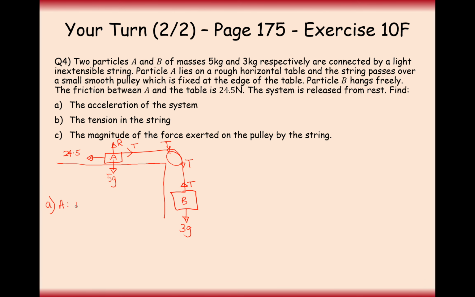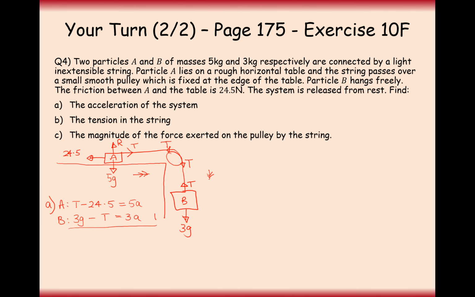So for A, it's going to be T minus 24.5. We're assuming here that we're going to accelerate downwards for B and to the right for A. So T minus 24.5 equals mass times acceleration. And for B, it's going to be 3g minus T equals 3a.